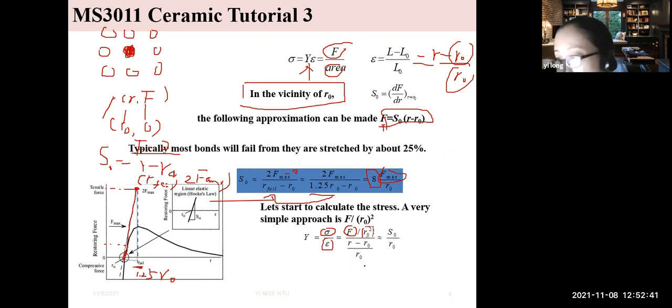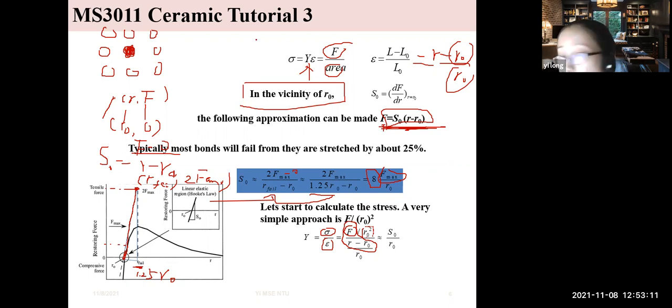So then you can see here, if we use the equation we derived before, F equals S naught over R times R minus R naught. So F over R minus R naught equals what?